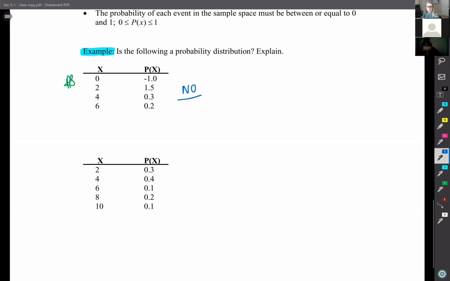All right, I got some answers in. Once again, this one is also going to be no. Does anyone want to tell me why they said this one was no?